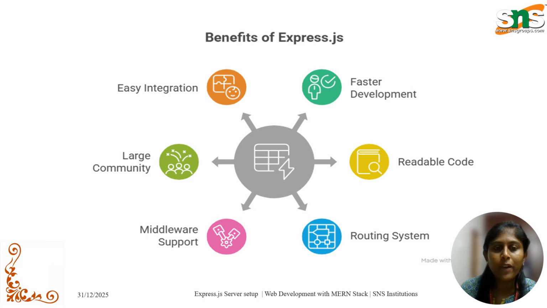Middleware is one of the biggest strengths of Express. The fourth is scalability. Express supports modular routing and has strong community support. Express is widely used in industries. The final one is MERN Stack compatibility. Express works perfectly with MongoDB, React, and Node.js.